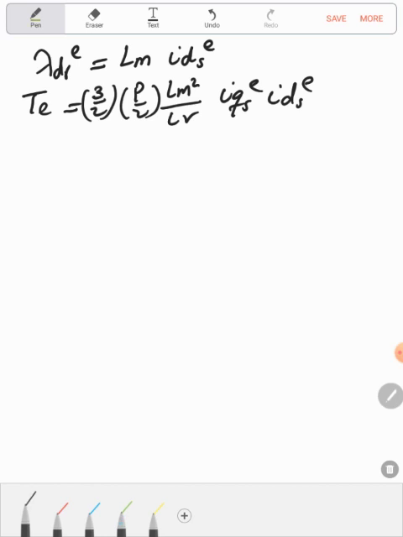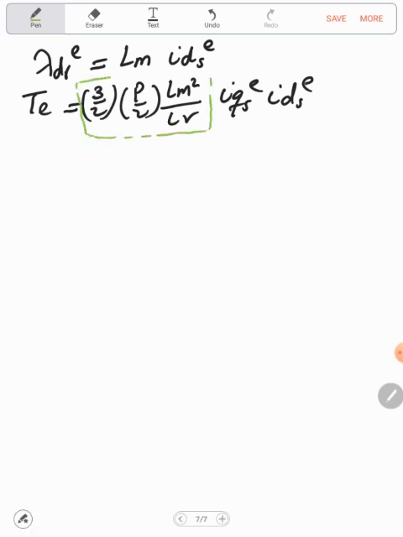And as we stated, this term is constant, so Te is proportional to IQSE IDSE.